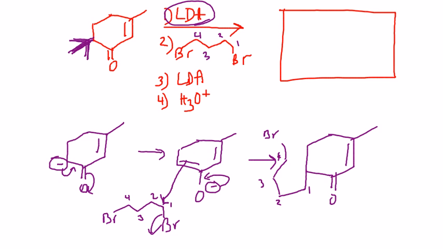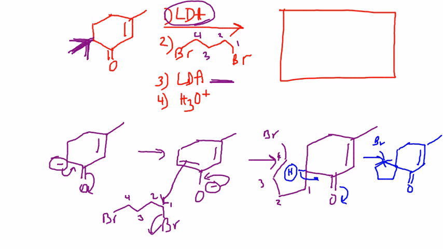And then I'm treating it again with LDA. Well, guess what? We have one more acidic hydrogen right over here, which can be removed. So again, the enolization will take place. And when the electrons come back, you will ring close, and bromine is going to leave. So you will show the attack, bromine will leave, and you will end up with a 5-membered ring. FYI, for anyone who's interested, these compounds, which are sp3 hybridized and have 2 rings on each side, are also referred to as spiro compounds.